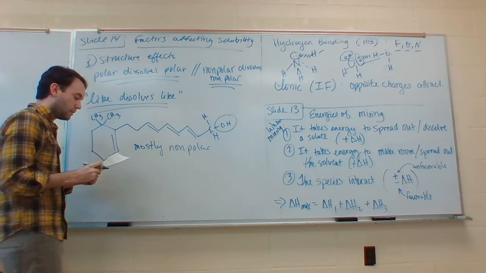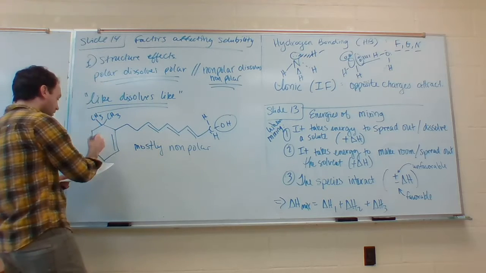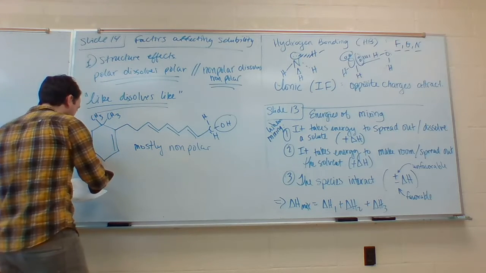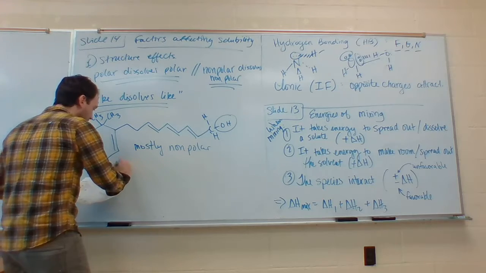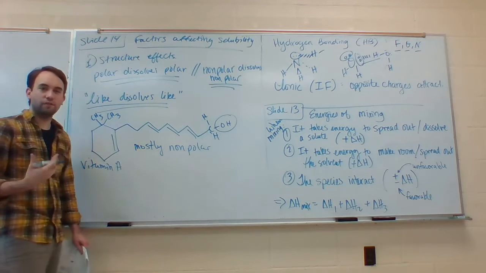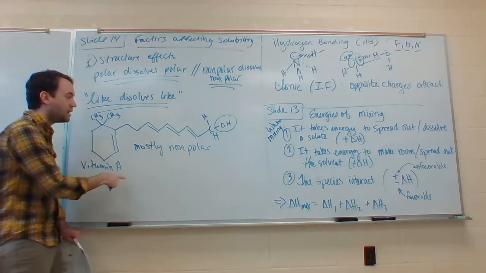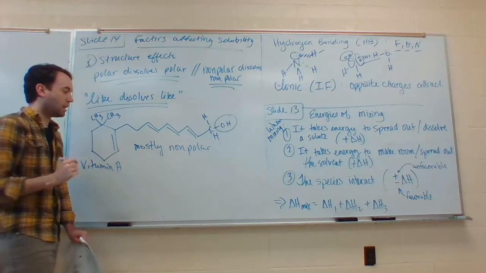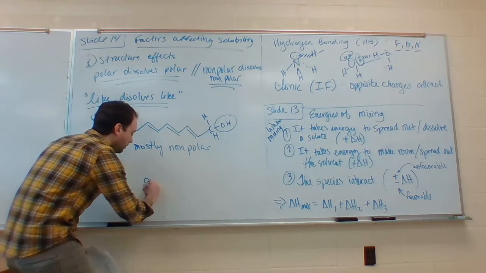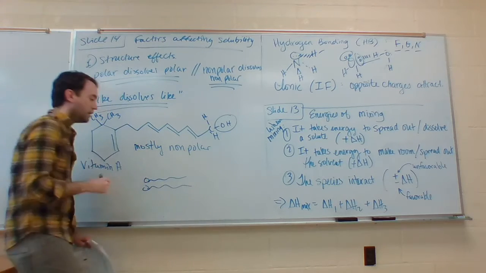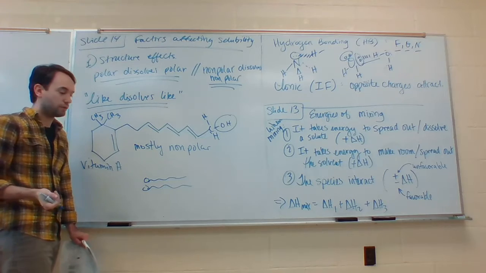That means that our vitamin A, if you remember from biology, your fat-soluble vitamins are A, D, E, and K. Well, vitamin A, because it's mostly nonpolar, is going to dissolve in our big, long, nonpolar fat molecules.